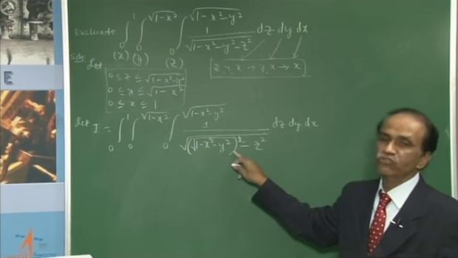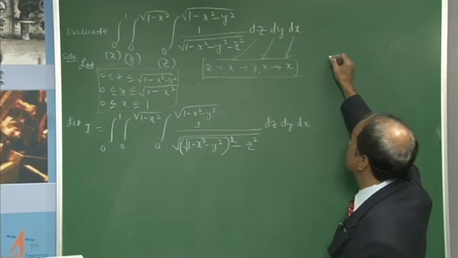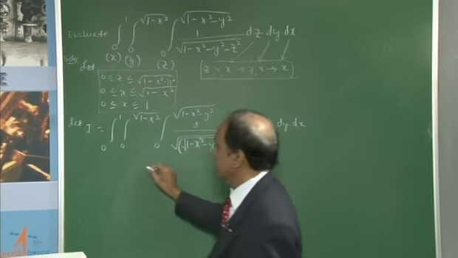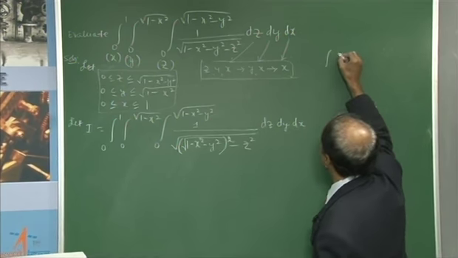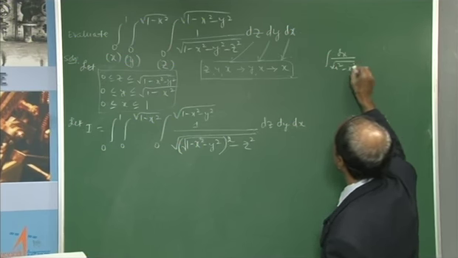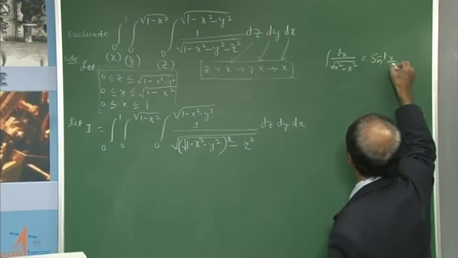This conversion, why we have taken it, is to arrange or compare with the known formula. That known formula is what? The known formula is: integral of dx divided by root of a square minus x square is sine inverse x by a.